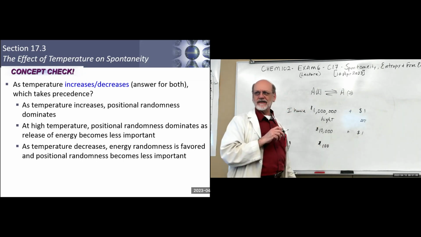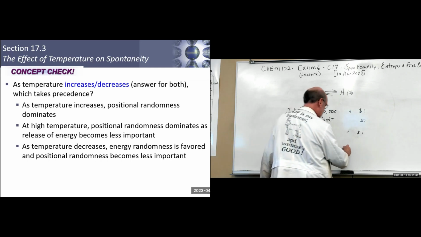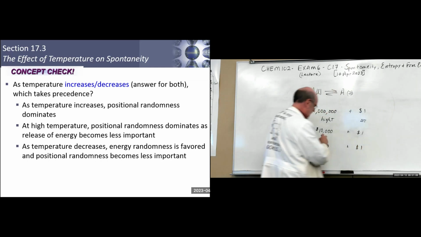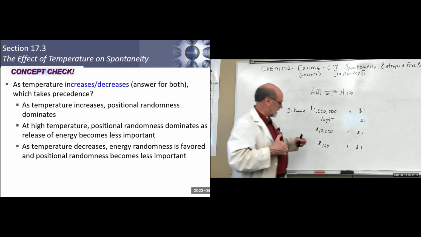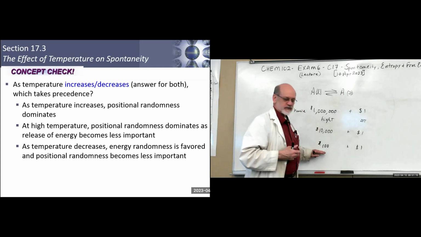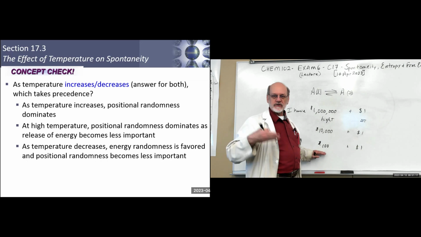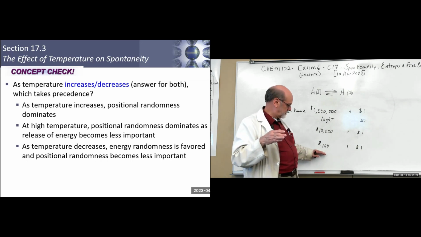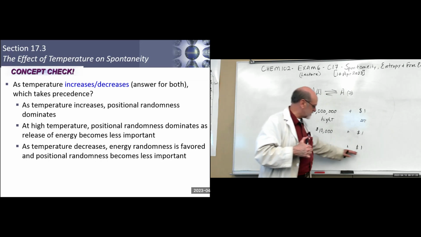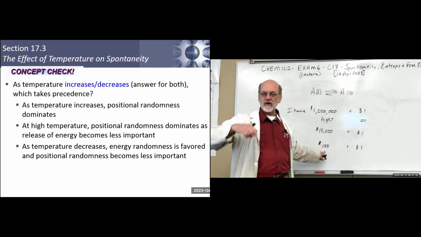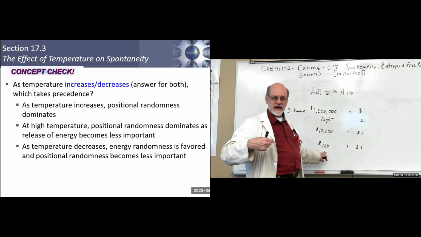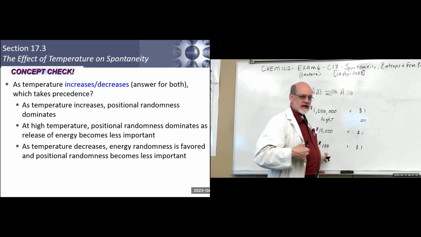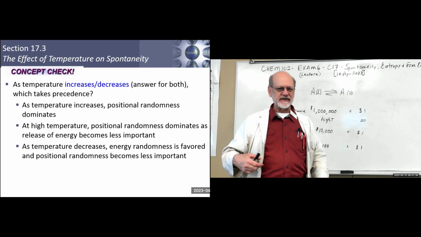Students can relate to that. Then if somebody wants to give me $1, that has a 10% increase. So when we get low temperature, energy randomness dominates over positional, because any addition of energy has a higher percentage impact on the energy randomness at low temperature. Okay, I hope that made sense.